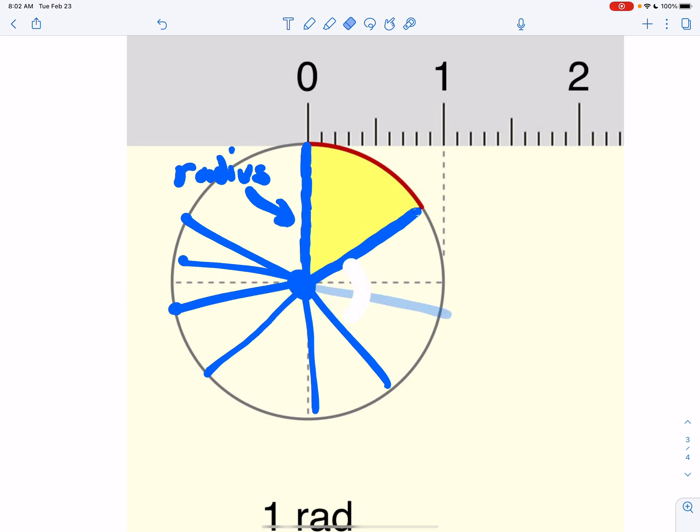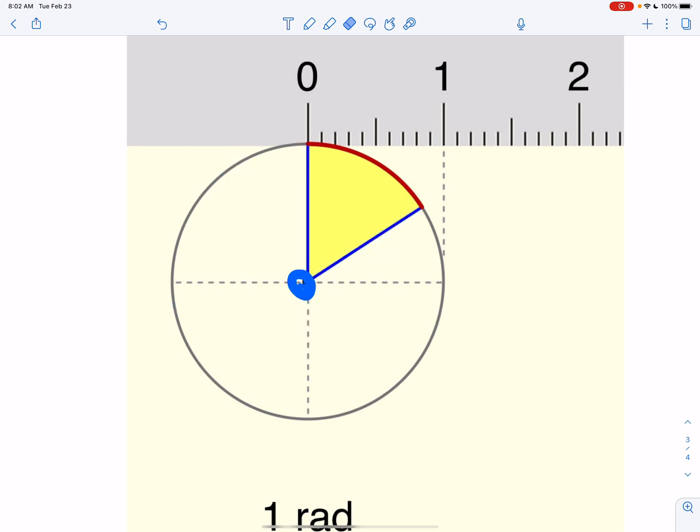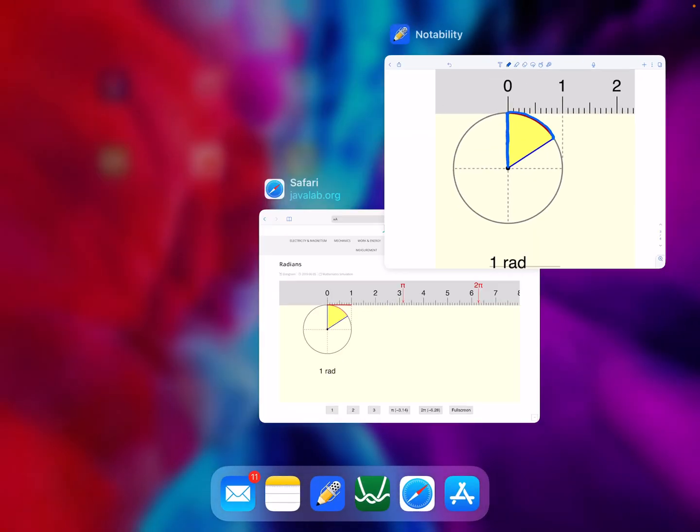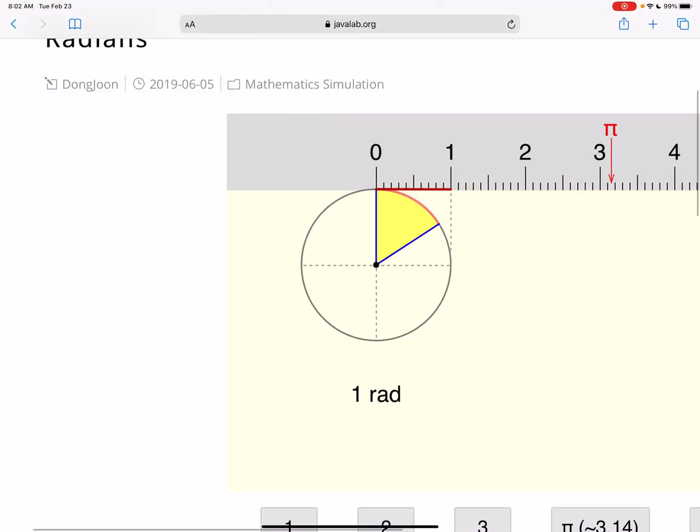So a radian is basically when you take, let me erase that real quick. When you take the length of this radius and you want to lay it on the arc or the curve, okay? So I'm going to illustrate this for you guys real quick. Take a look at this here.